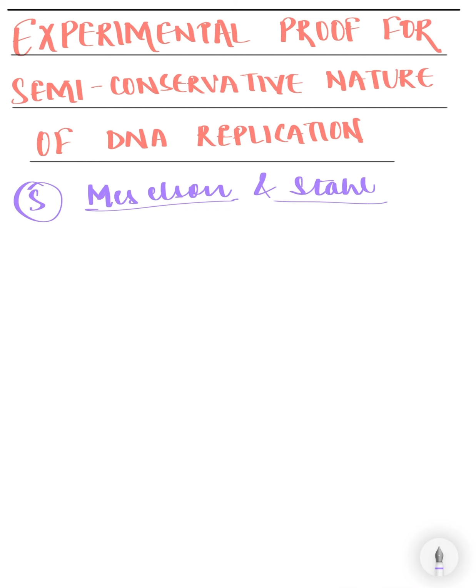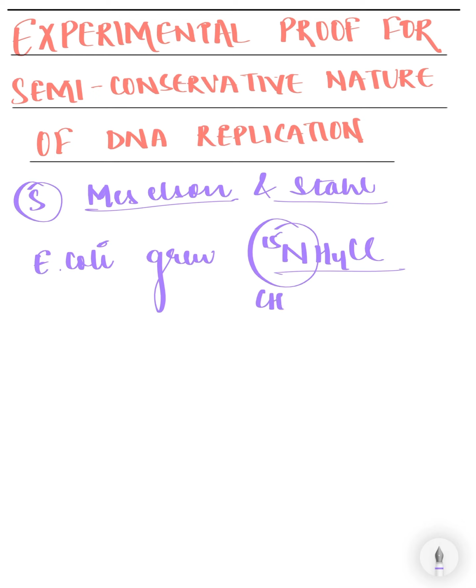What they did was take a bacterium called E. coli, also known as Escherichia coli. They grew this bacteria on a medium containing N15H4Cl, ammonium chloride. This N15 is the heavy isotope of nitrogen.